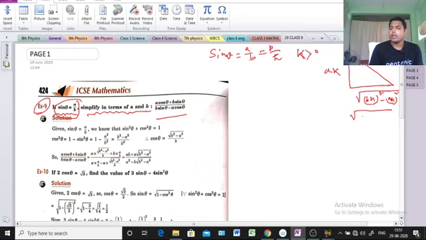Now see, after simplification we are getting b square k square minus a square k square. Here k square is common, in the first term and in the second term. So k square is taken common, and the k square and root will cancel, so k will be outside. Clear? So in the bracket, what will come inside the root?